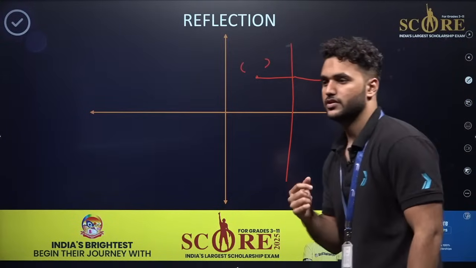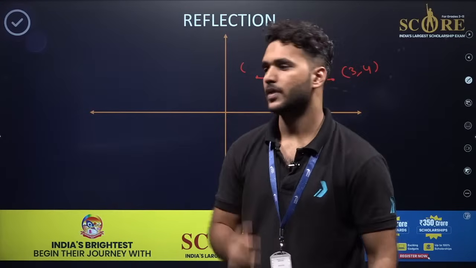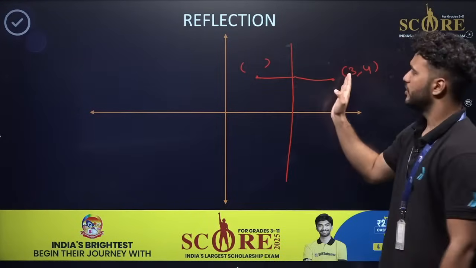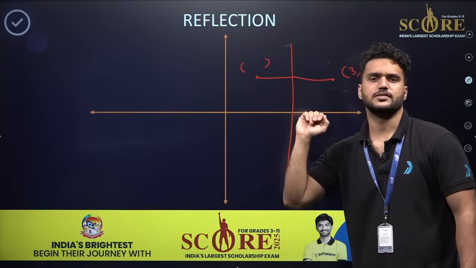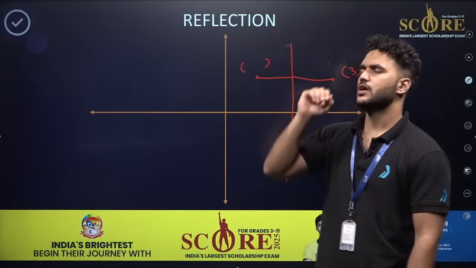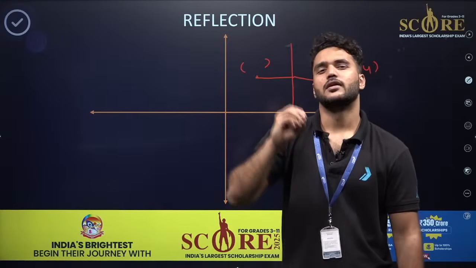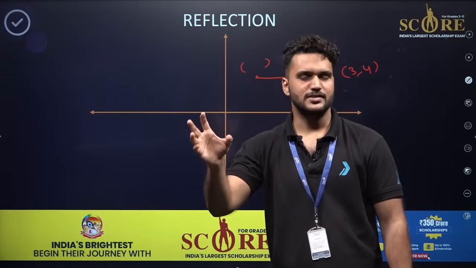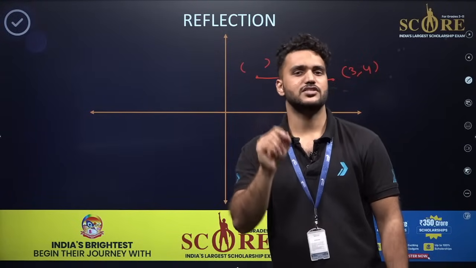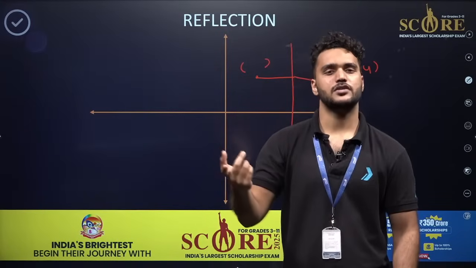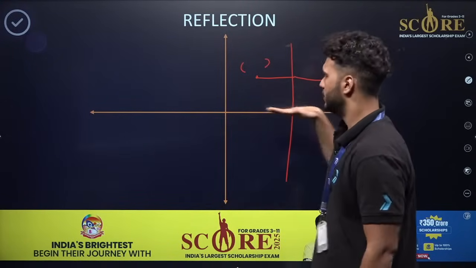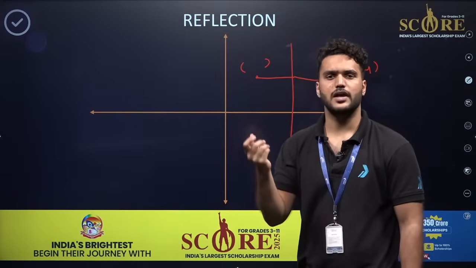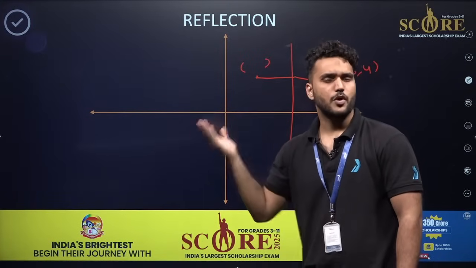The axis changes. Yeah, very good. An axis value changes, because you are going parallel to the x-axis. Whenever you travel parallel to an axis, the value of that axis changes and the other axis value does not change. Like I am going parallel to the x-axis, that's why my x value is getting changed. But what about the y-axis?